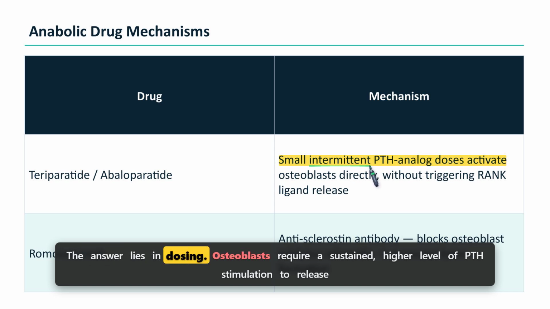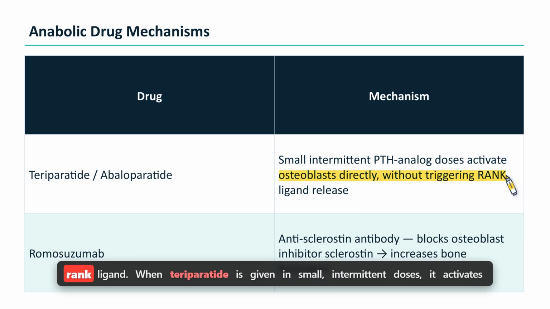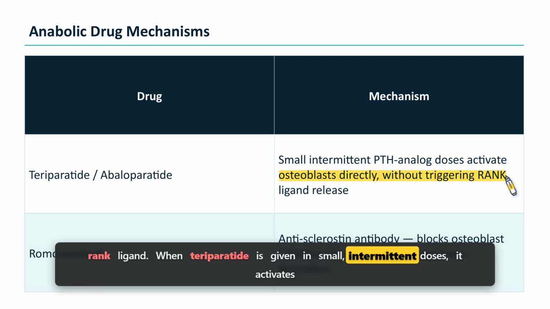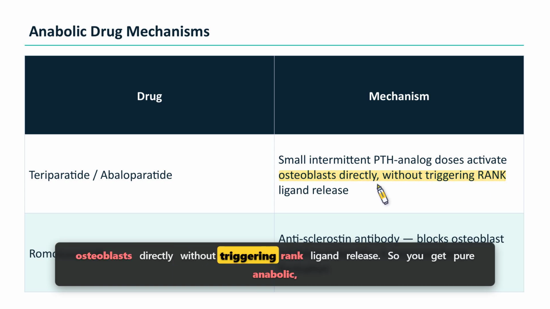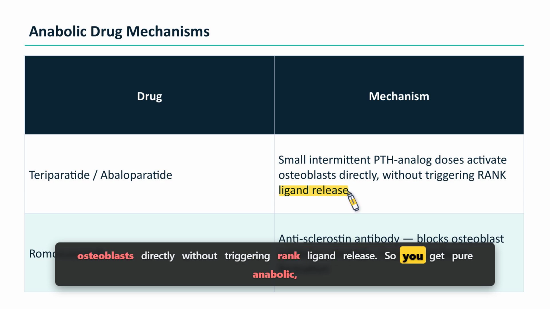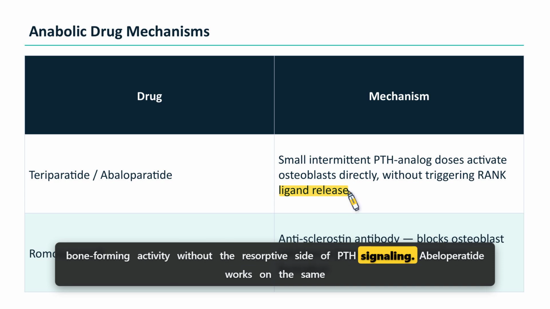The answer lies in dosing. Osteoblasts require a sustained, higher level of PTH stimulation to release rank ligand. When teriparatide is given in small, intermittent doses, it activates osteoblasts directly without triggering rank ligand release. So you get pure anabolic, bone-forming activity without the resorptive side of PTH signaling.